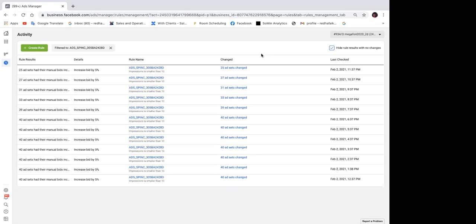The other 15 already reached 10 impressions on that day, and therefore they do not need to increase the bid by 5% anymore. But the 25 ad sets that haven't reached 10 impressions that day still need to increase, because they still haven't reached it. That should be your answer.